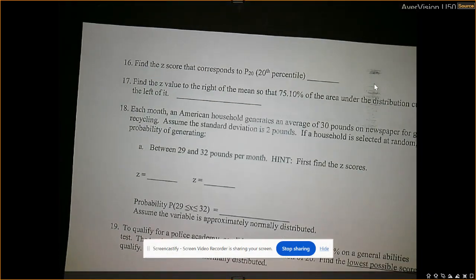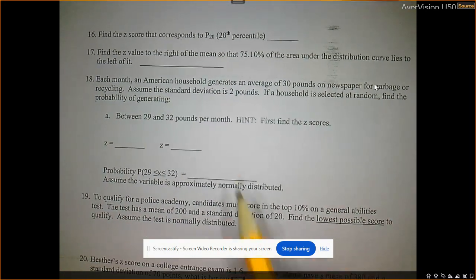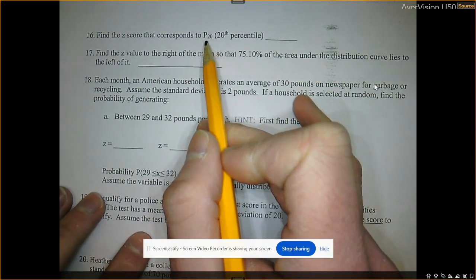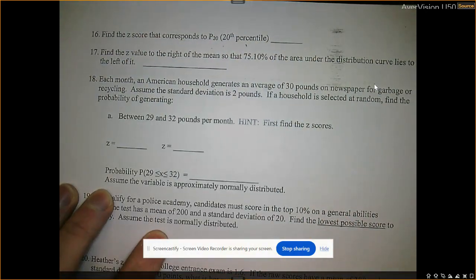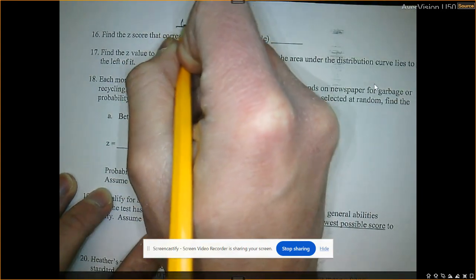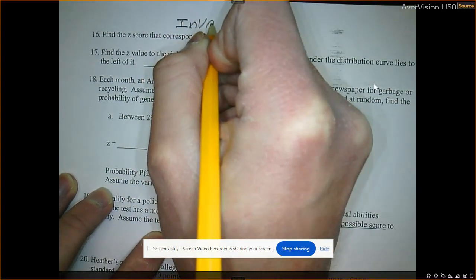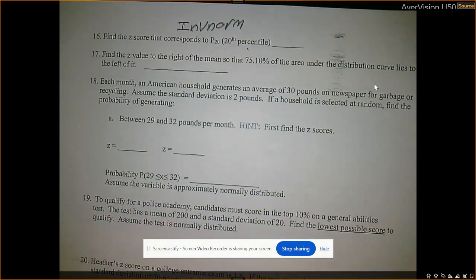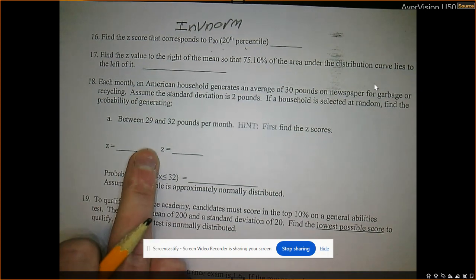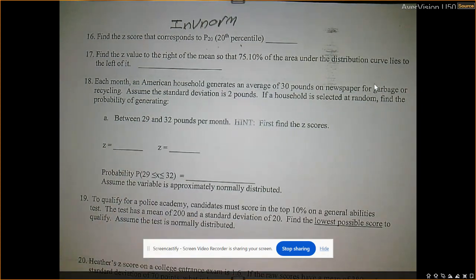On the back, we start talking about percentiles right away. So find the z-score that corresponds to the 20th percentile. Okay, when you are finding a z-score, you are using inverse norm, unless you're given like z equals x minus mu over sigma. So if you're given a raw score, a mean and a standard deviation, well, then you can use that formula, z equals x minus mu over sigma. That's what we'll be doing here in 18, actually.